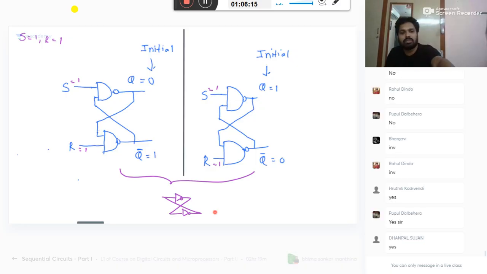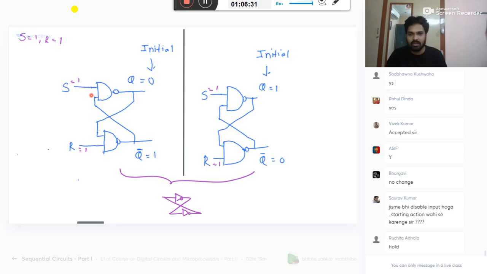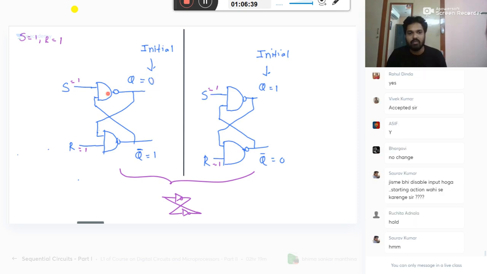Right. Now see here. Now please listen. How to do this analysis? Let me complete this, then you ask your doubts, Saurav. Otherwise, it will deviate. Initially, when both are ones, that is, there is no disable input.